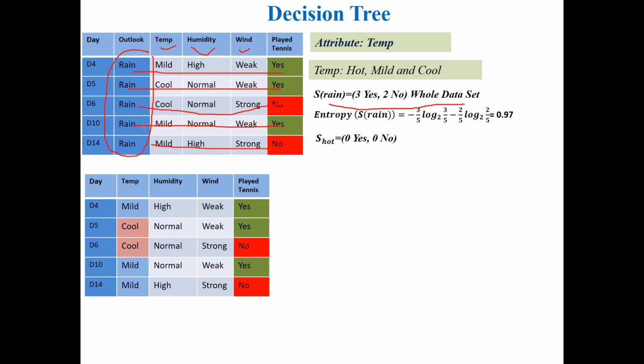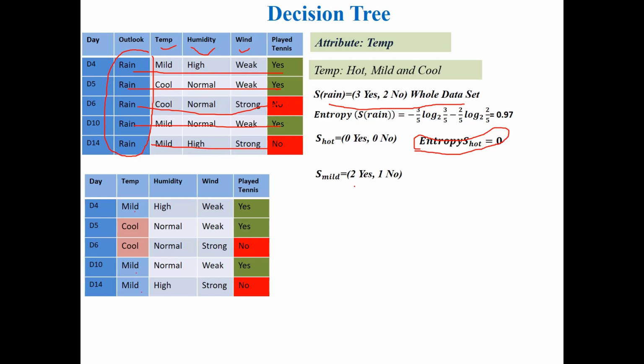Now consider the case of temp, because the temp variable has three values: hot, mild and cool. What we observe here is that there are no examples of hot, so 0 yes and 0 no. So entropy of S hot will be 0. Now for S mild, there are three examples: D4, D10 and D14.